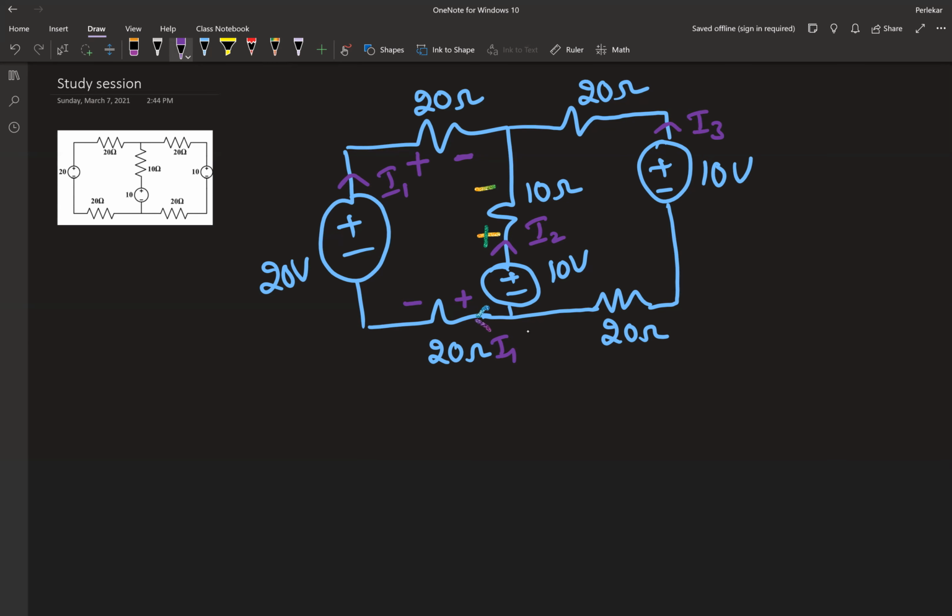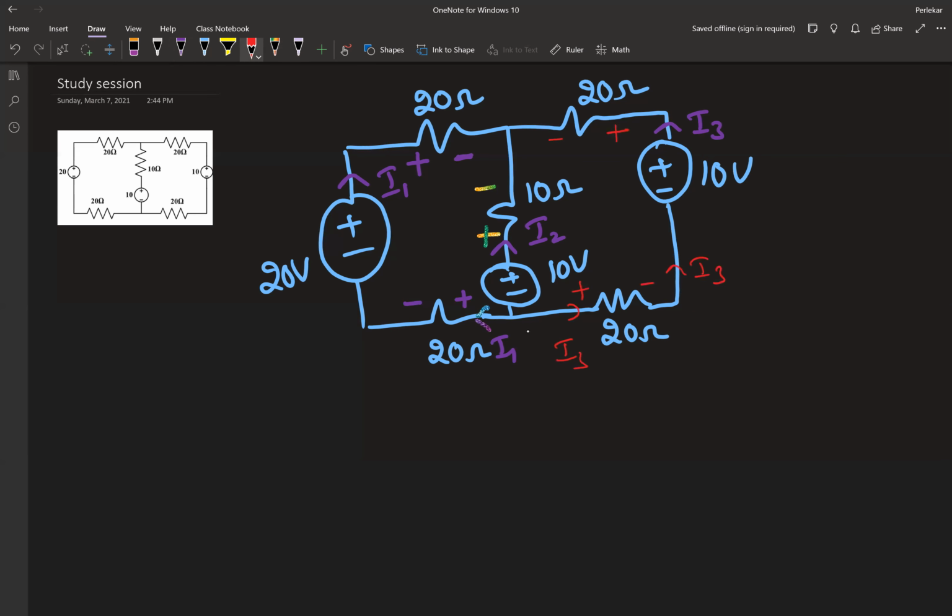Now, when it comes to I3, I'm going to use a different color. Let me use red. According to my I3, current is entering this terminal, so the entering terminal is positive and the leaving terminal is negative. I3 is going in this direction, so plus and minus.